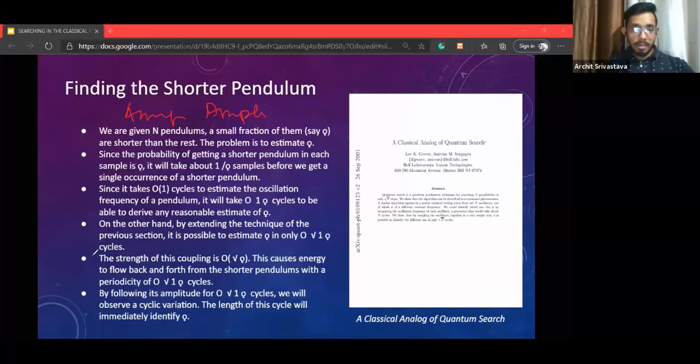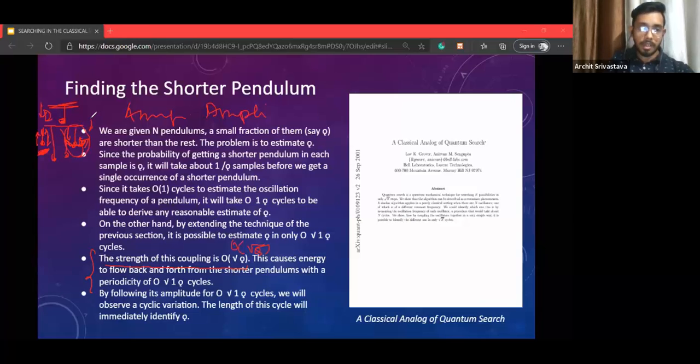The strength of this coupling is O of root of Q. What this causes is that the energy from the coupled pendulum flows back and forth in the pendulums that are short, and it amplifies the amplitude of the pendulum because of the energy resonating back and forth in the shorter pendulums.